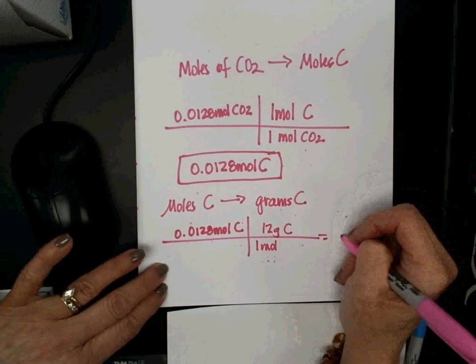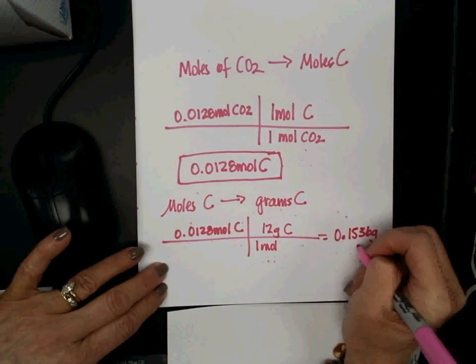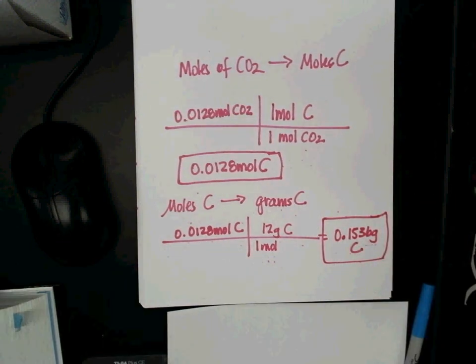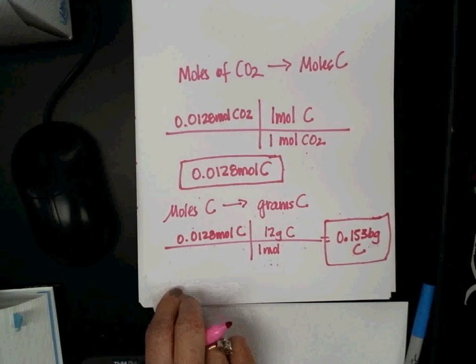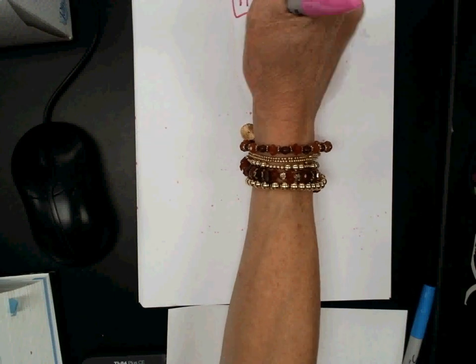So I have to take that and do my math. When I do that, I get 0.1536 grams carbon. And again, I'm going to box that off because I need it later. I want to be able to go back and find them. Okay, so we just did that using carbon dioxide to find our carbon.